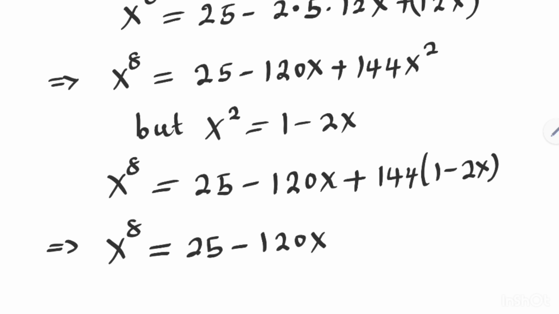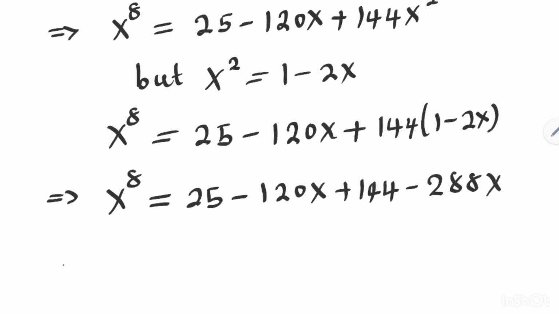Let's open this bracket. 144 multiplied by 1 is plus 144, minus 144 multiplied by 2x, that is 288x.